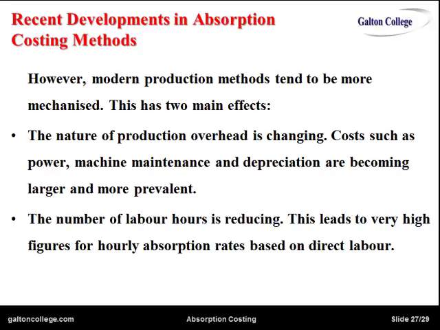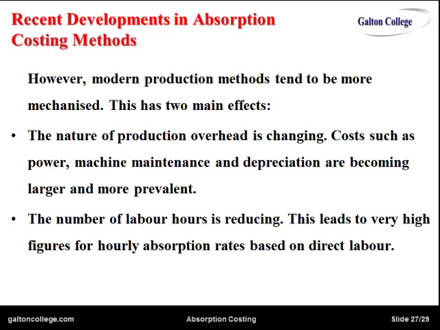Those are replacing labour. And also the number of labour hours is reducing. This leads to very high figures for hourly absorption rates based on direct labour, because there is less labour, so it means that the divisor is much smaller, leading to a bigger allocation.